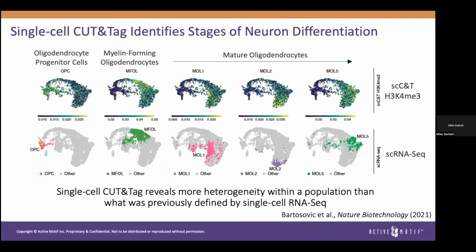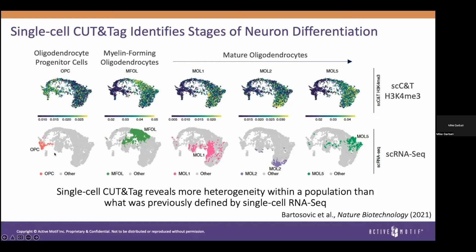The scores are calculated by aggregating the H3K4 trimethyl cut and tag signals in the 200 most expressed genes in those corresponding RNA-seq clusters that are shown below each cut and tag UMAP plot.